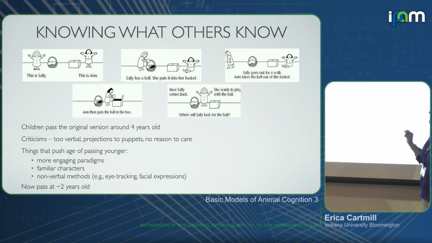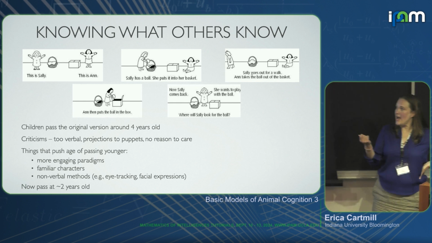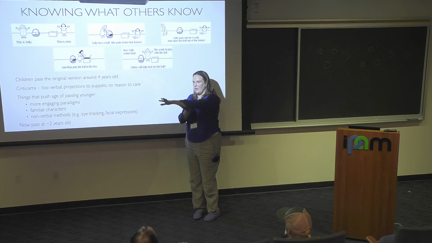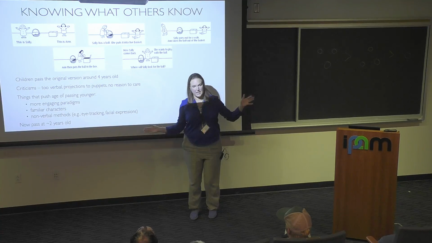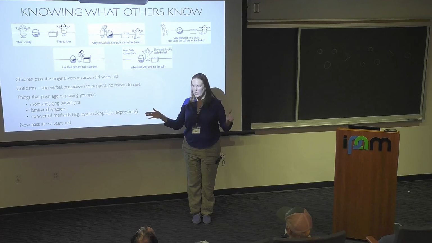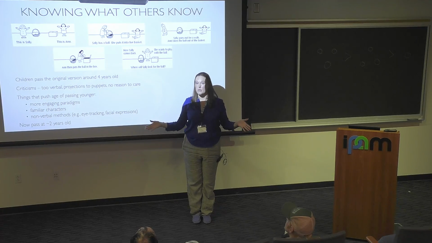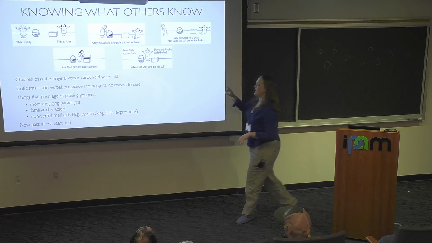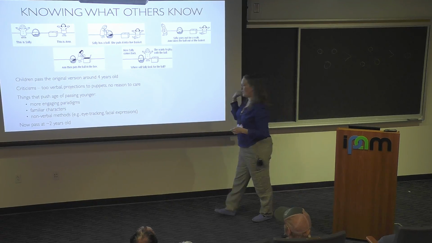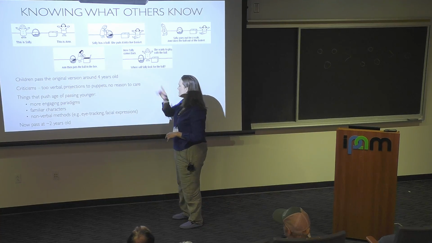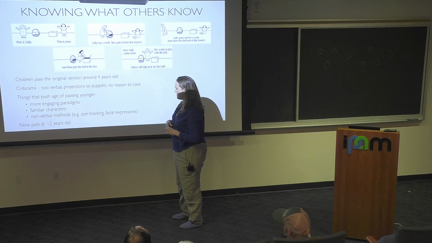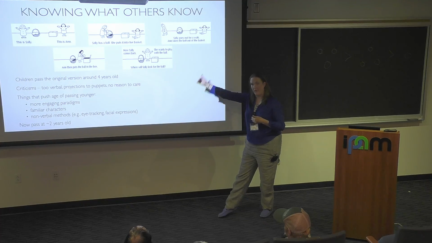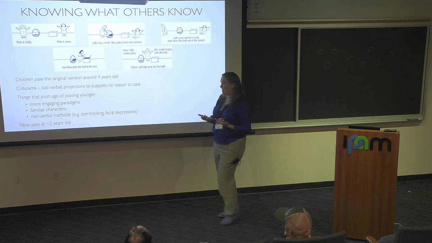And if you use nonverbal methods, you can use eye tracking to see, Sally comes back in, and just like in the hand-reaching experiment, you look to see where the child predicts that Sally's going to move. This eye tracking paradigm has been used in great apes as well. We just did a study with eye tracking in great apes, based on these models, which also finds that great apes can predict false belief when you're using a nonverbal method.